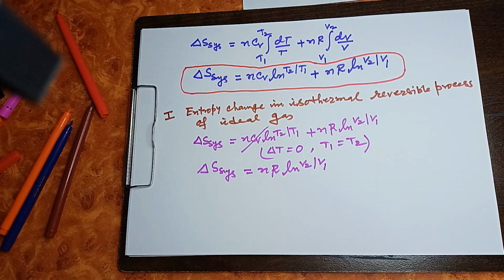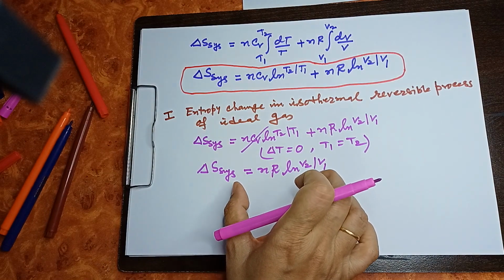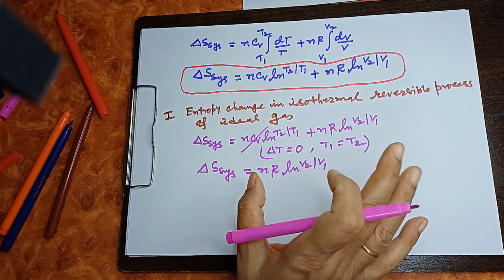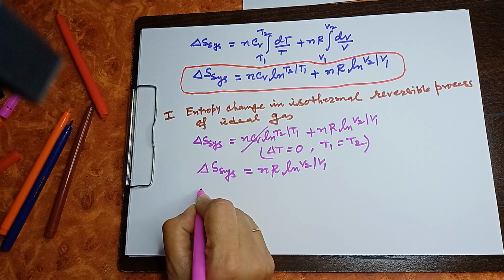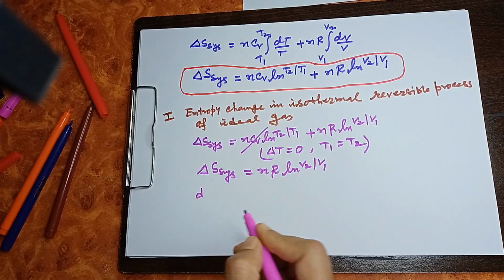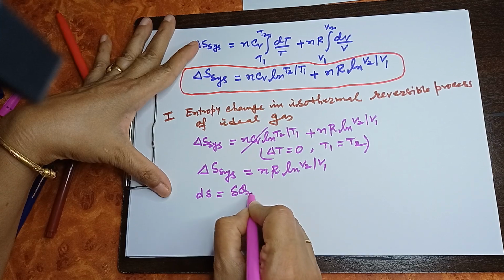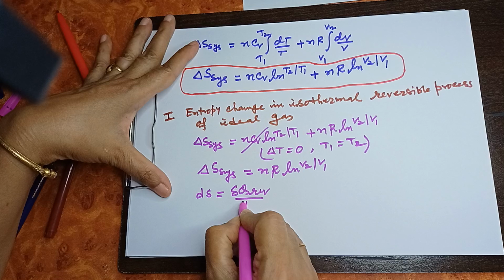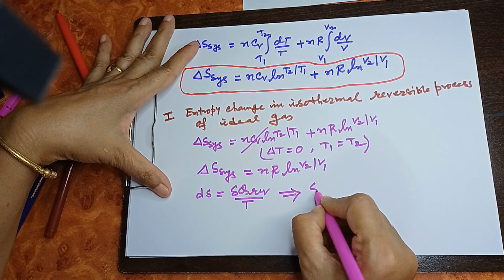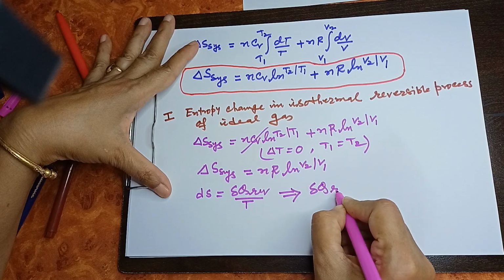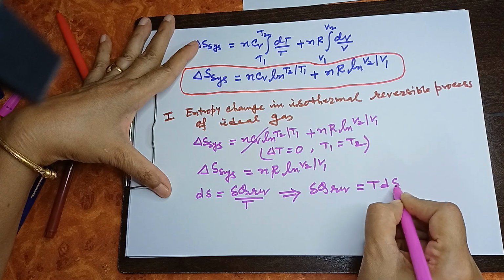Right? So now I have to find out the entropy change of the surroundings. Now if I write the small change, dS is equal to dQ reversible by T. So from this equation I can write that dQ reversible is equal to T dS.